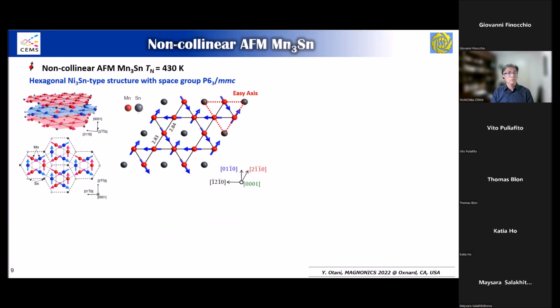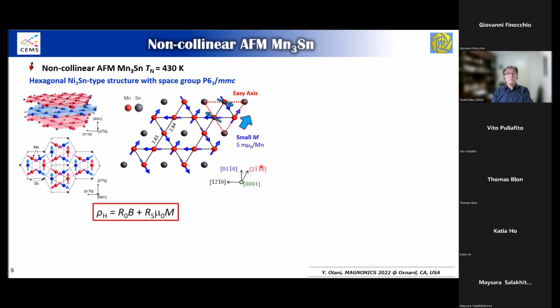If you look at the top, this layered structure forms a Kagome lattice, and this is a representative picture. When you apply a magnetic field, as I said, a canting moment creates a very small net magnetization.